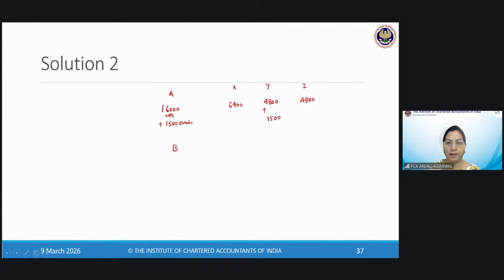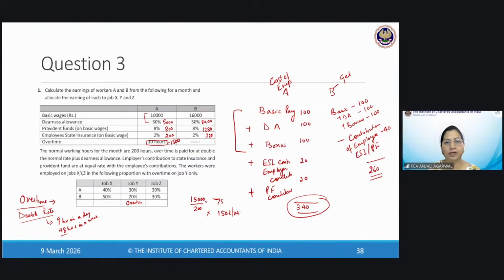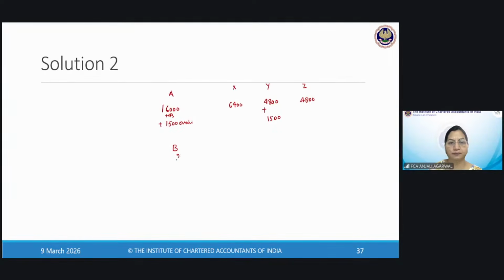Similarly, you will allocate for B. How much is the total wages of B? 16 plus 8, 24, plus 1,600, 25,600. And this is to be allocated 5:2:3. So you will allocate this and this way you will be able to calculate the cost of job X. It's 19,200.